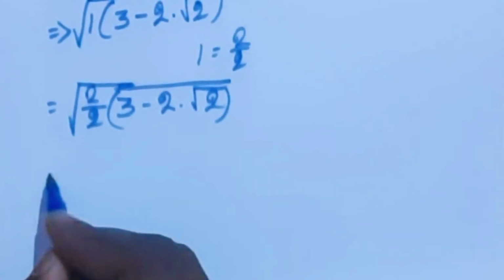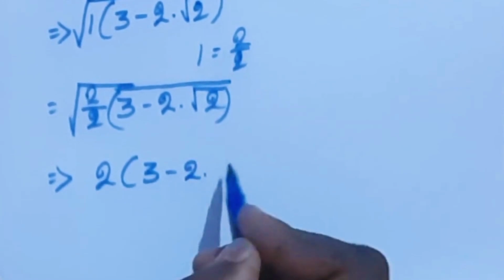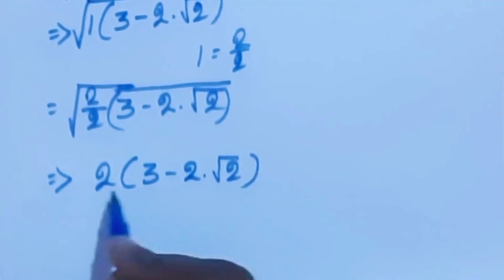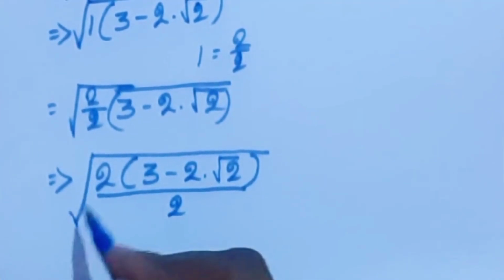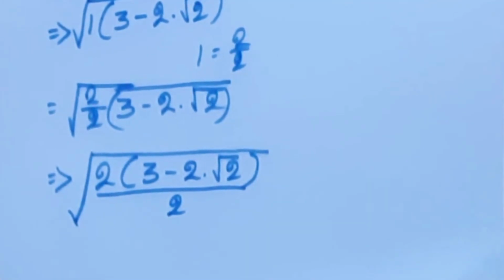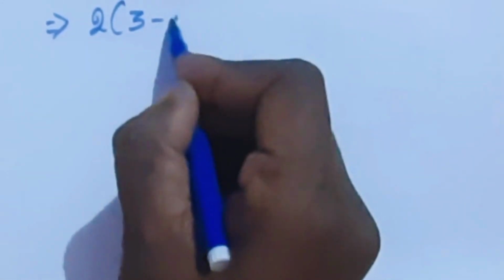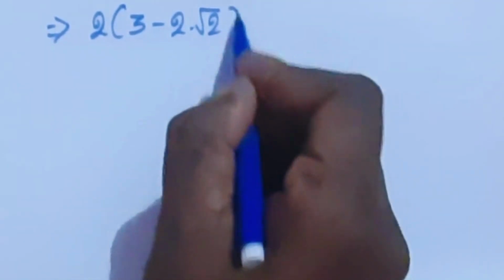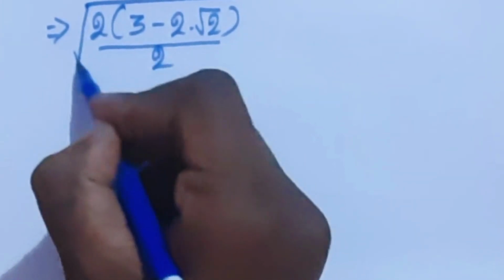Now this can be written as 2 times 3 minus 2 times the square root of 2, whole divided by 2. Now here we are going to multiply this 2 here. Here the square root of 2 times 3 minus 2 times the square root of 2, by 2.